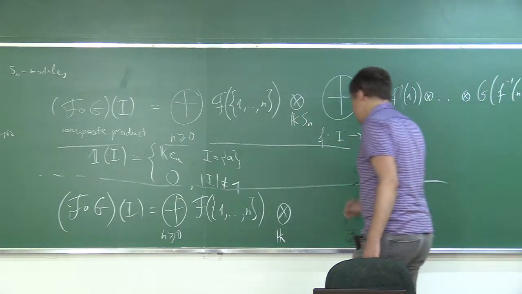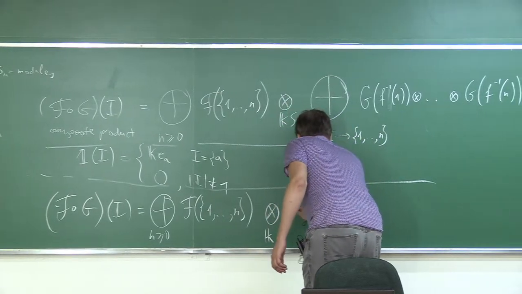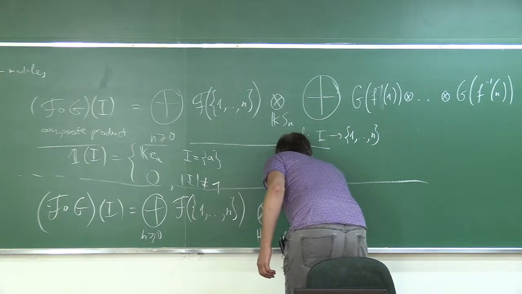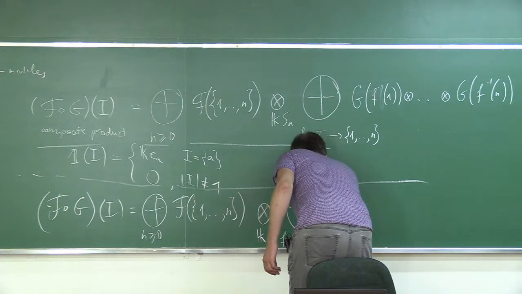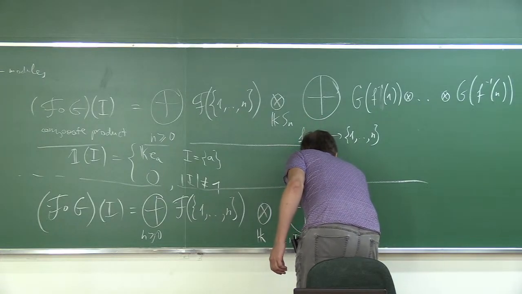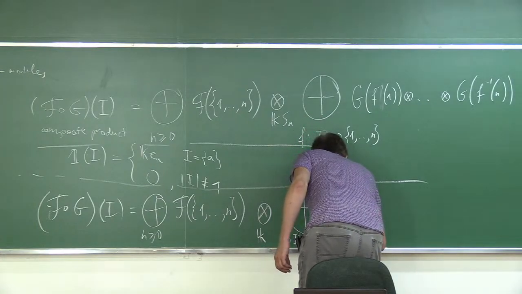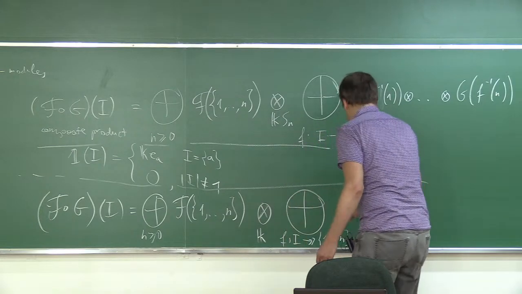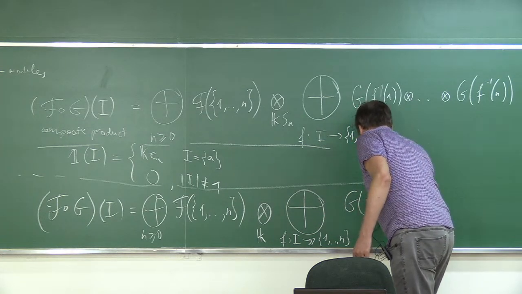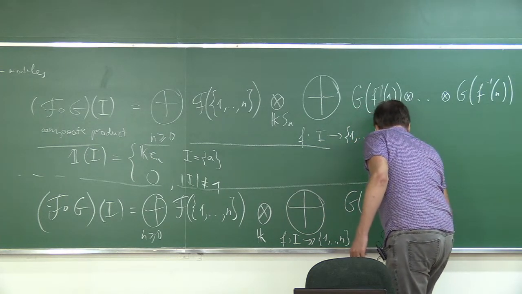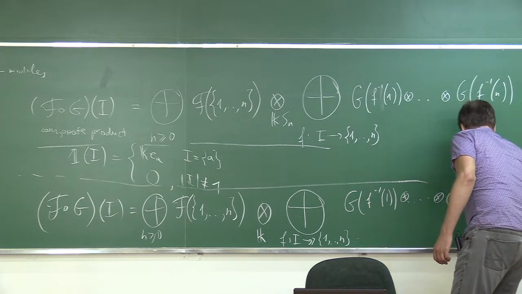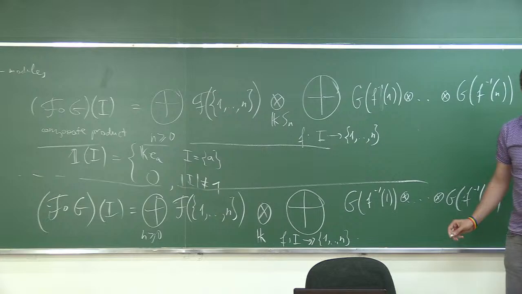And now, I'm going to write something. So f from I surjective to integers from 1 to n. So I'm going to reproduce the same inverse of 1. You mean surjective maintaining order?